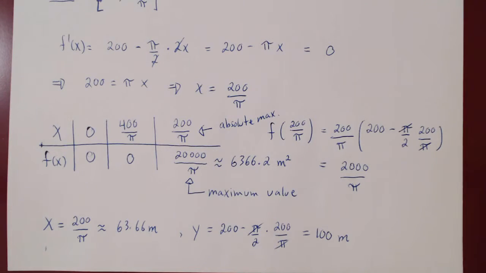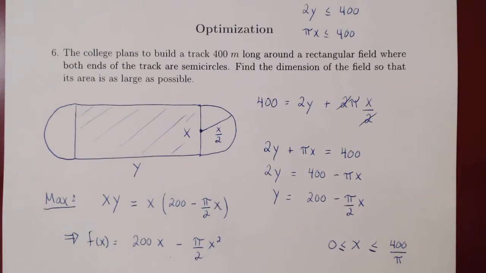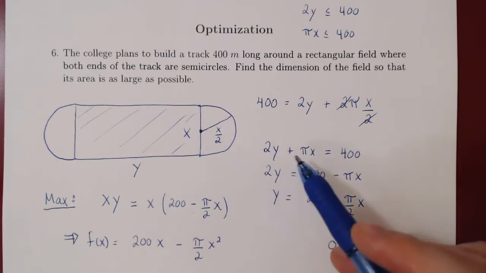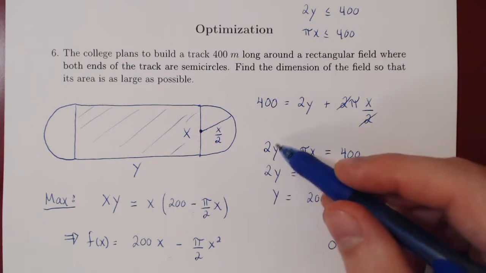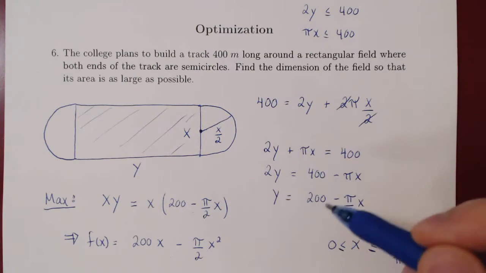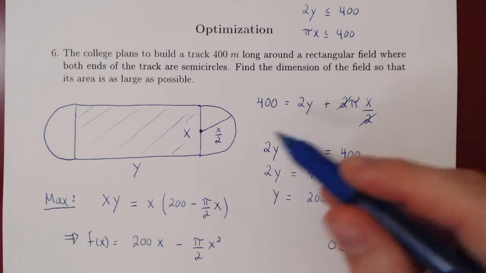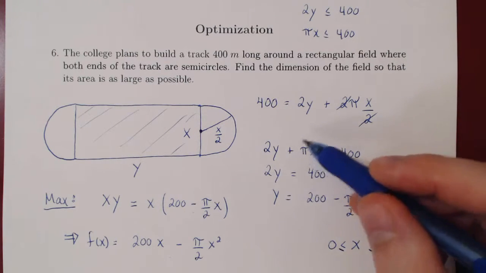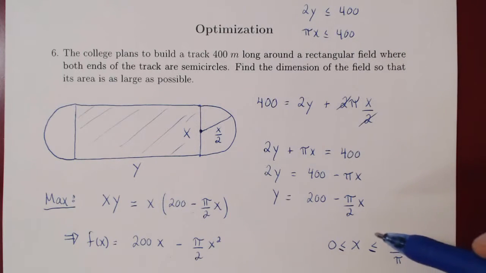Let me make one last little comment. What if you didn't think about this observation, that 2y plus pi x were adding up to 400, and because both y and x were positive, 2y and pi x were positive, and when you add positive numbers that add up to a fixed value, they both must be at most the given value.